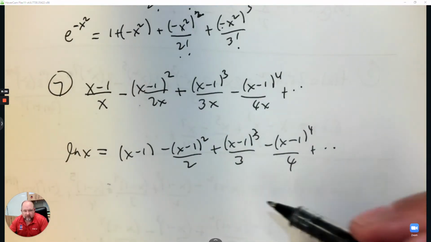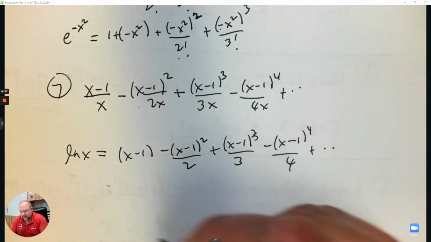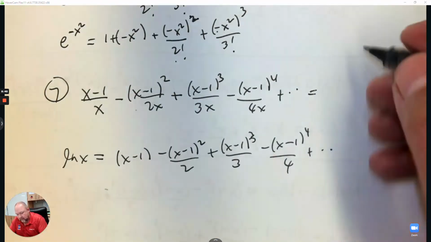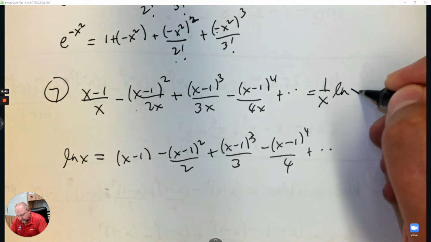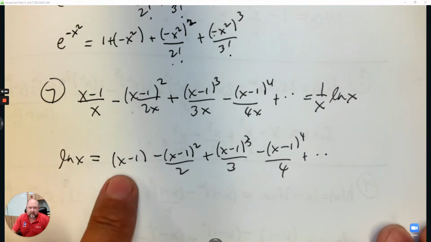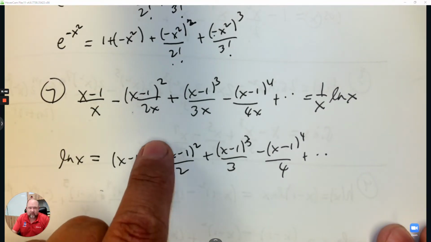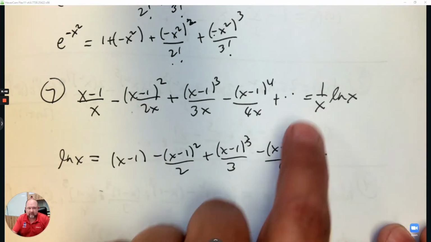So when I compare, I can see that we're just multiplying it by 1 over x. So if you multiply this by 1 over x, 1 over x, 1 over x, it then matches.